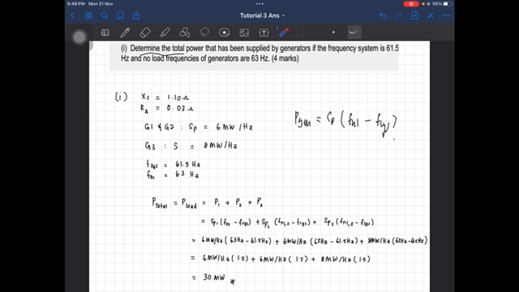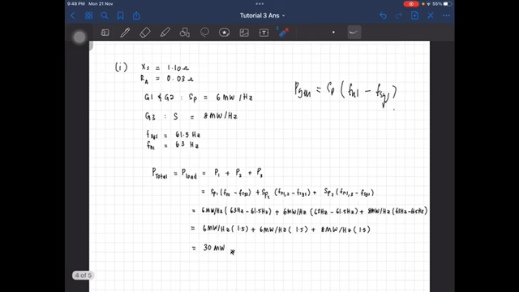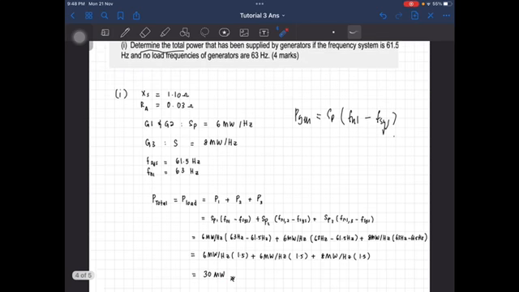So we insert the given values into the formula, and we got the answer of 30 megawatt for total power.